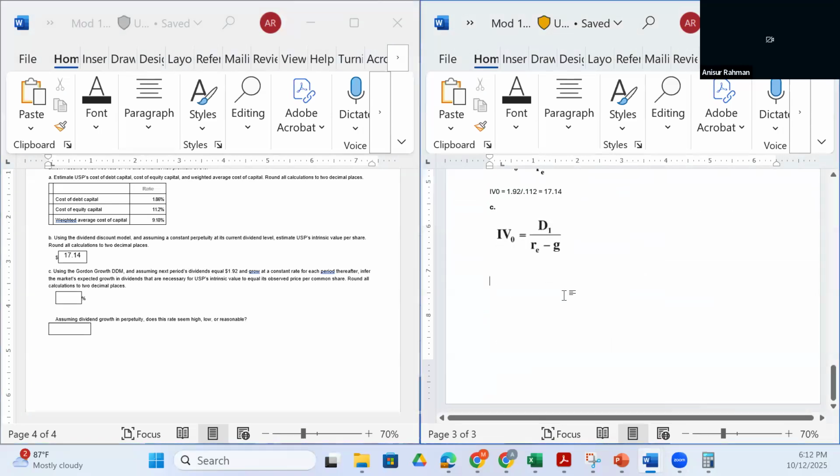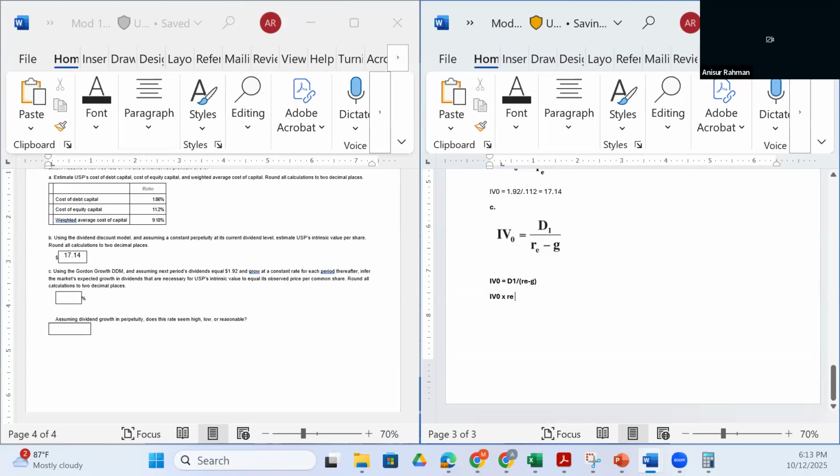So this is our formula again. IV0 is equal to D1 divided by RE minus G. So we have to find out the value of G. So first of all, in case of intrinsic value, write this down. And then I will multiply this numerator with each element of the denominator on the right-hand side.